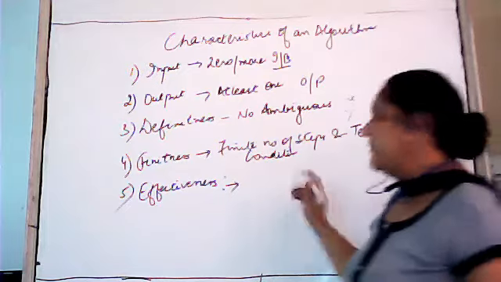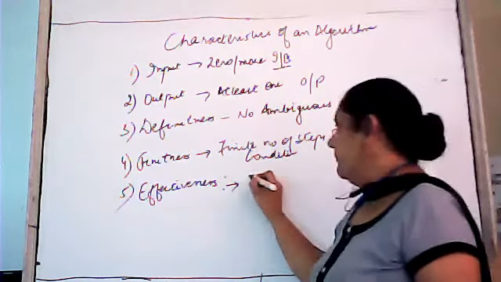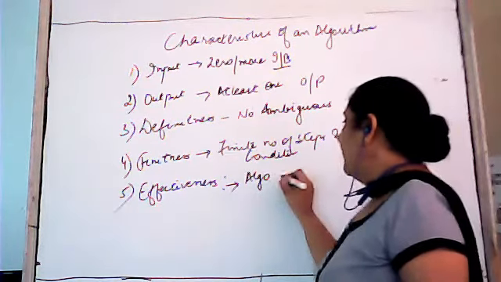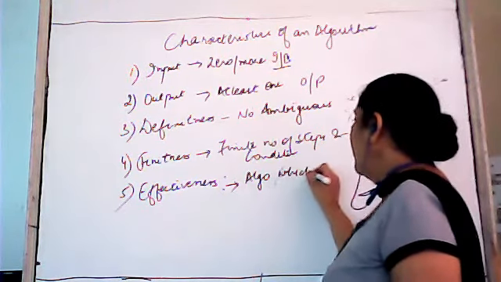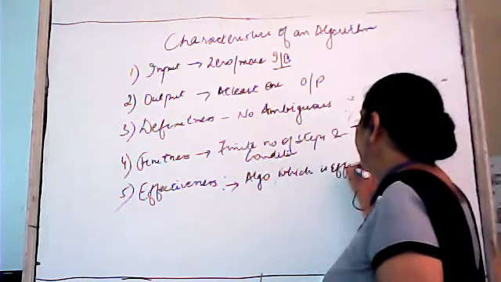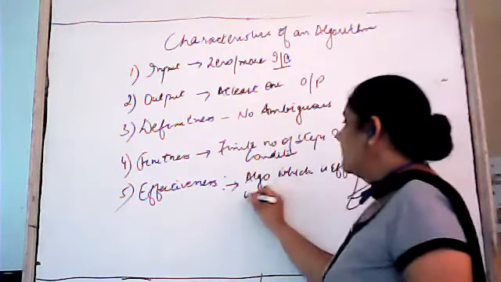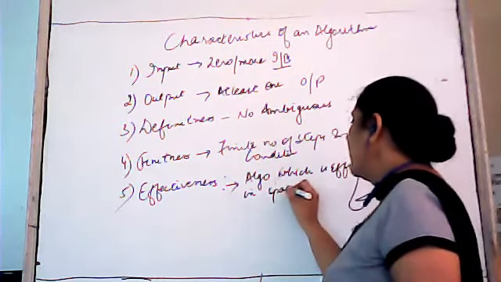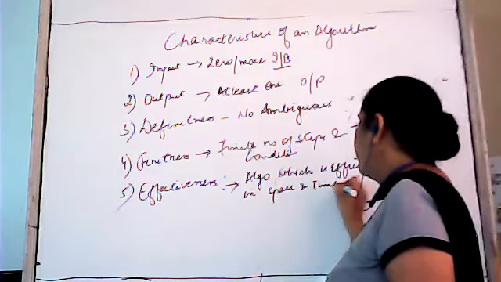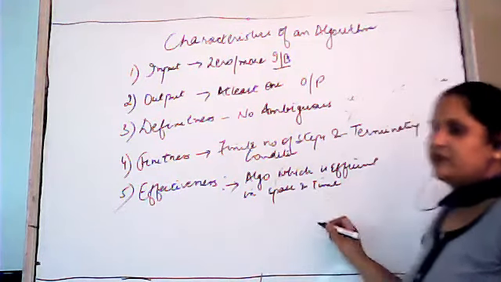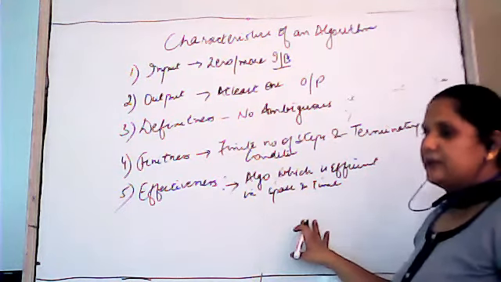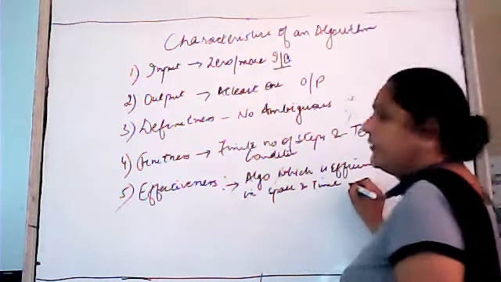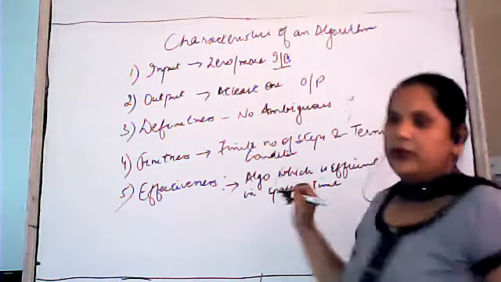That means in effectiveness, we will also look for an algorithm which is efficient in terms of space and time. That means it should be effective in terms of space and time. It should take less time and less space to execute. That is what effectiveness is all about. Okay.